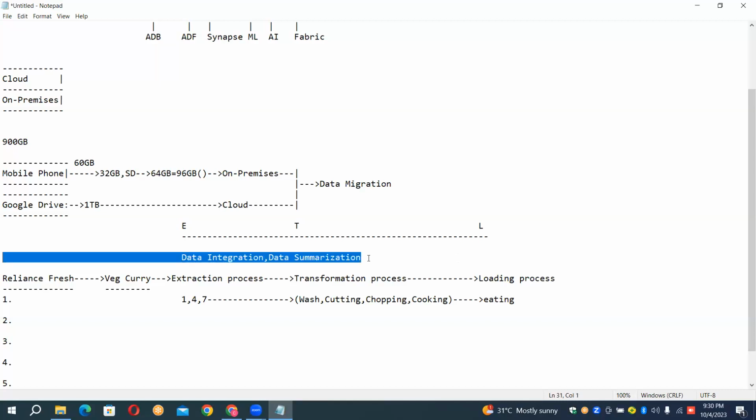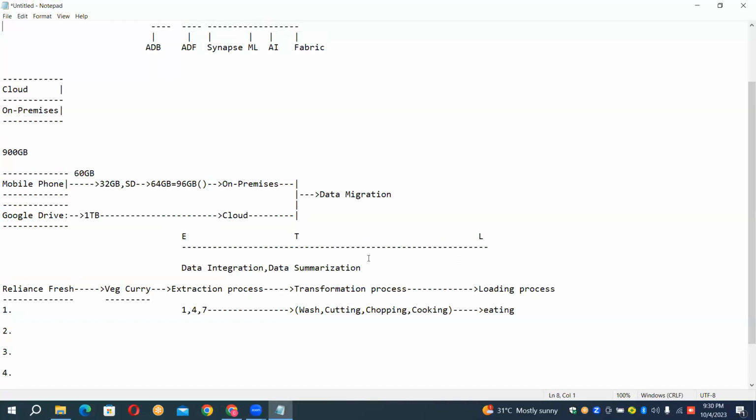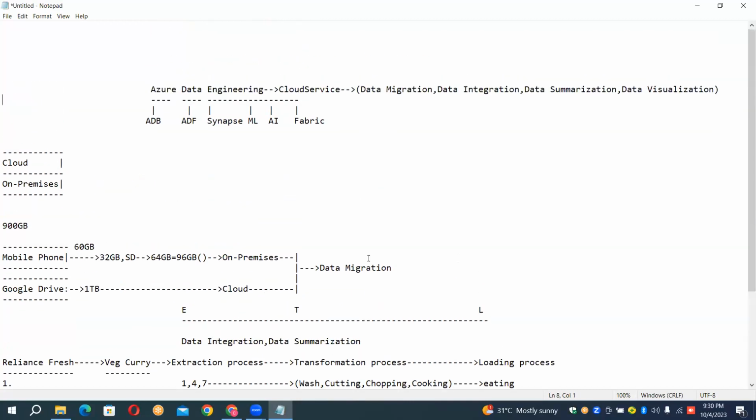This process of ETL you can perform by using Azure Databricks, ADB. So we can perform the data migration process, the data integration process, and the data summarization process. And what is data visualization?